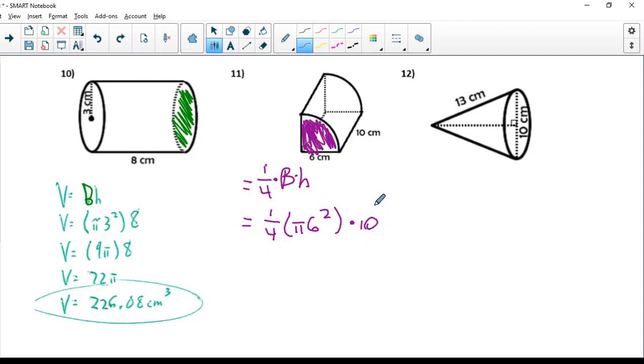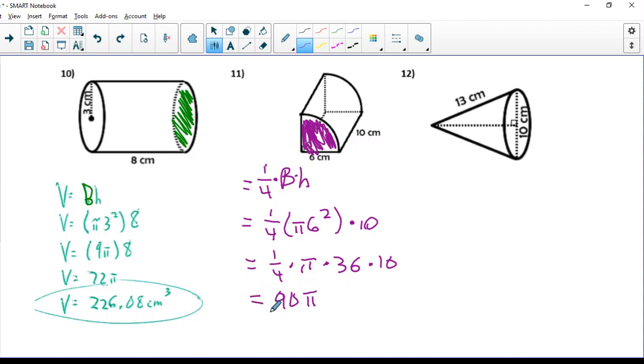So let's go ahead and multiply all these together. I'm going to just bring this down. So I'm doing 1/4 times pi, 6 times 6 is 36, times 10. All right, so we're just going to multiply all these together. 1/4 times 36 times 10, that gives me 90 pi.